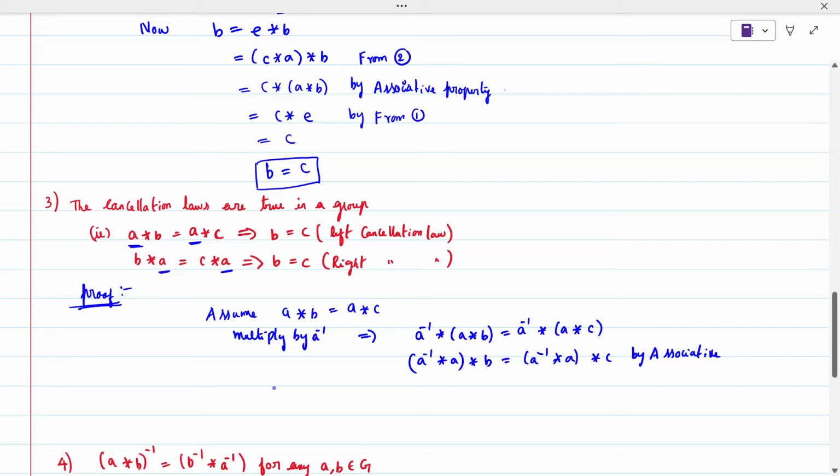Okay. Now we know that A inverse star A is nothing but E by which property? Inverse property. These are not familiar because they told it is a group. Cancellation laws are true in a group. So all the group definitions you can use. So E star B is nothing but B. E star C is nothing but C. From which definition?